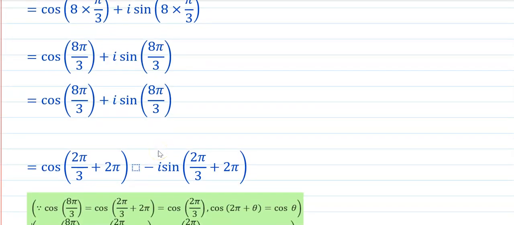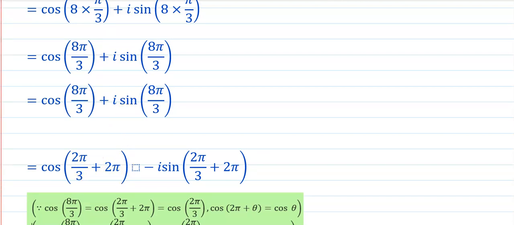Okay, आणि हे जर आपल्याला सिम्प्लिफाय करायचं असेल, the cos of 8 pi by 3 can be written as 2 pi plus 2 pi by 3. म्हणजे या 3 ने जर 8 पायला डिवाइड केलं त्याचं डिव्हिजन किती होणार तर 2 पाय प्लस 2 पाय बाय 3.